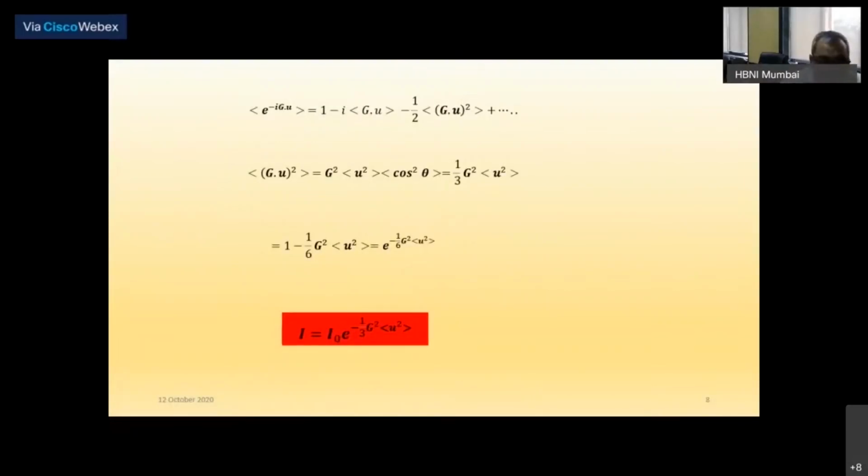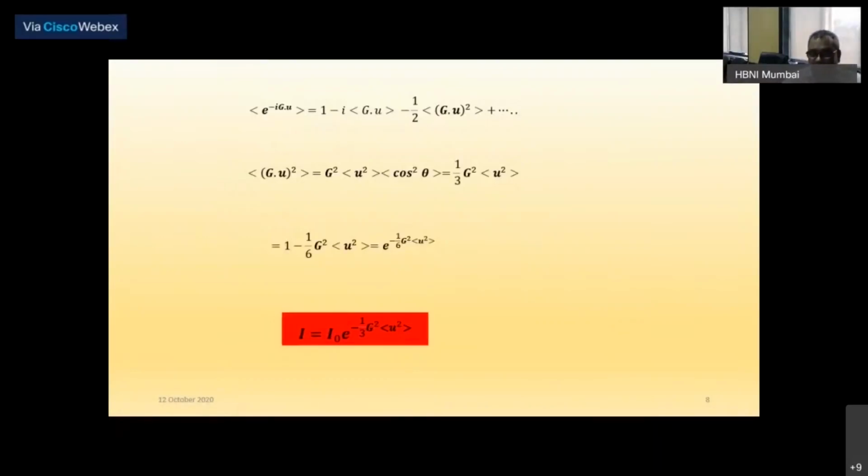So, do this. I can expand this exponential term: 1 minus x plus 1 by factorial 2 x squared, and so on. Now the first term becomes linear in u, and we know that when an atom is oscillating around its mean position, it oscillates as much to the left as to the right, as much to the top as to the bottom, so it is symmetric.